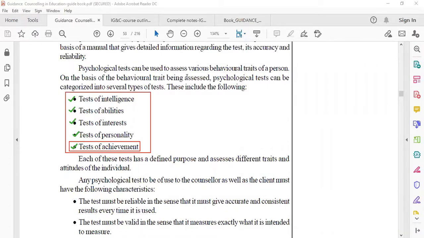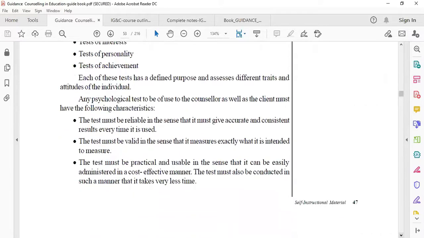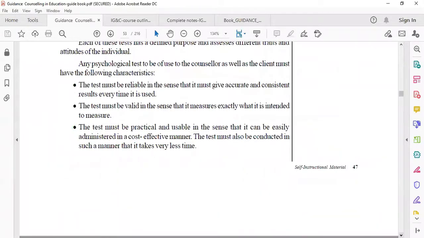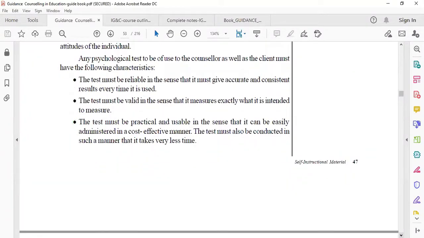These tests will help a counselor to diagnose, to know about the client, about the students, so that a counselor can provide better counseling, with better understanding about the problem as well. Because if a counselor has a better understanding of his client, of a student, then he will be in a better position to provide guidance and counseling to his students.